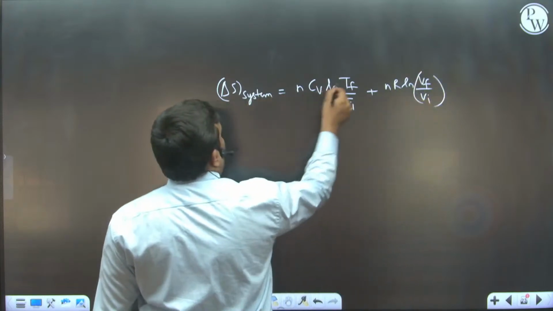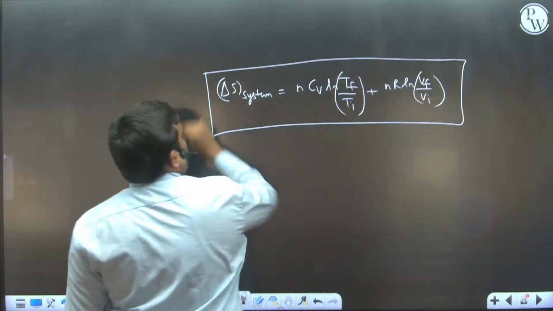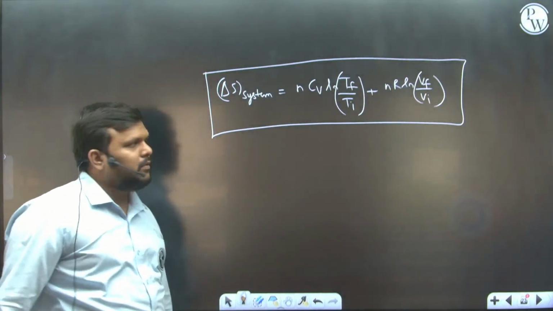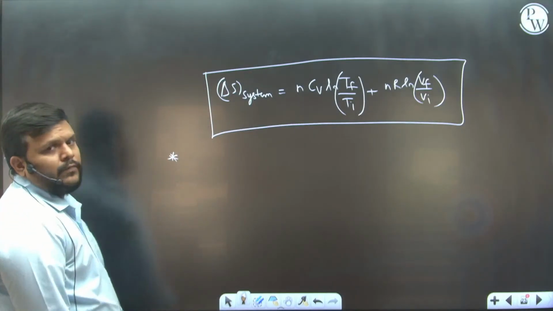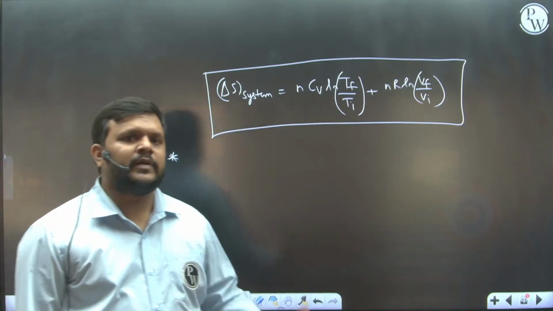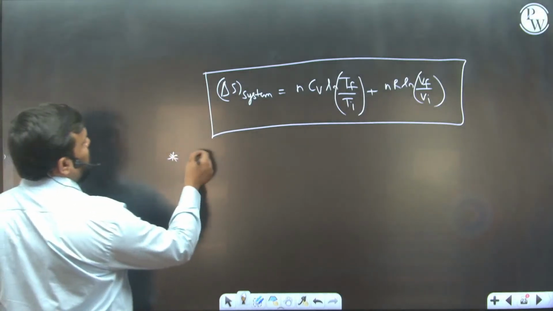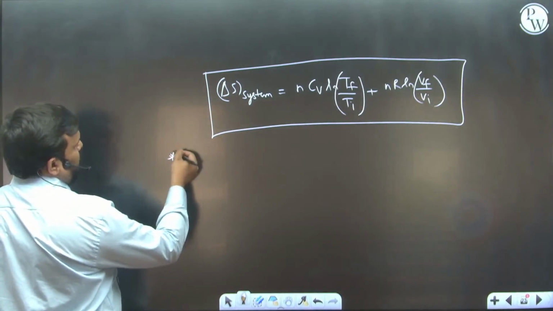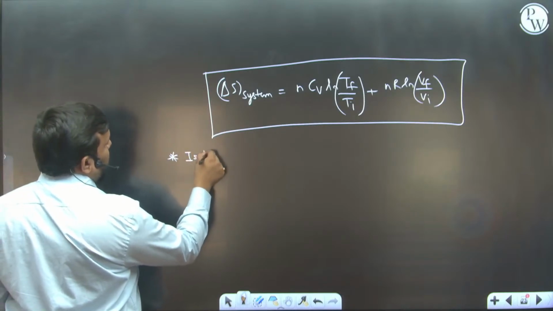This is for the system, and in this also we can calculate for reversible adiabatic, for reversible isothermal, especially for different processes. Let's see for isothermal.